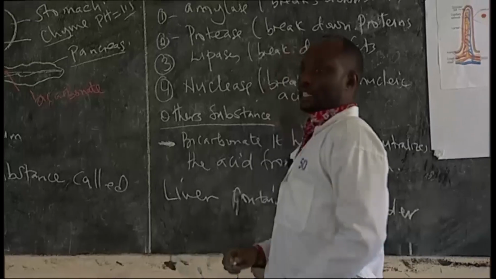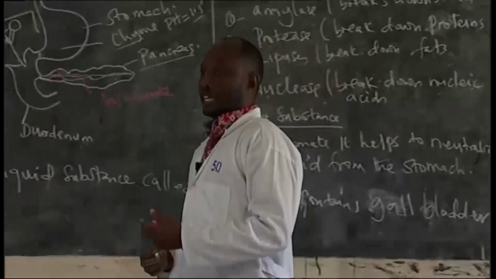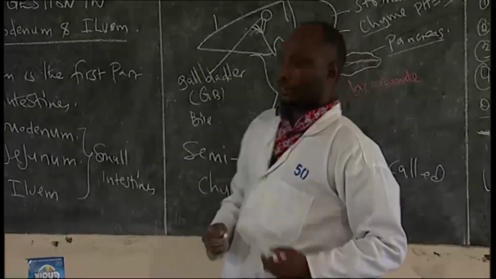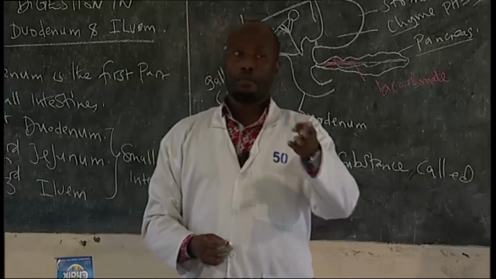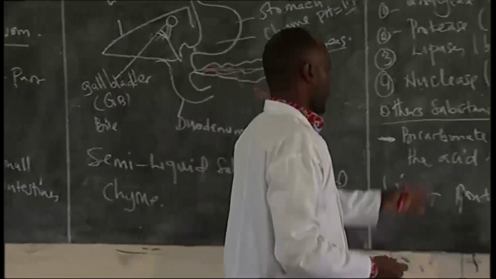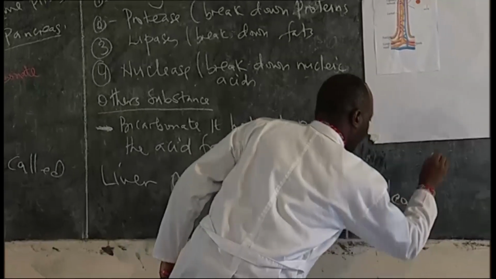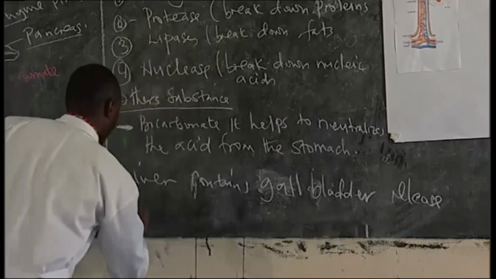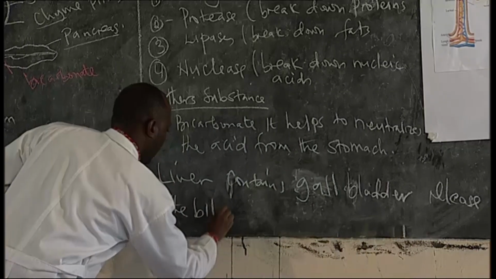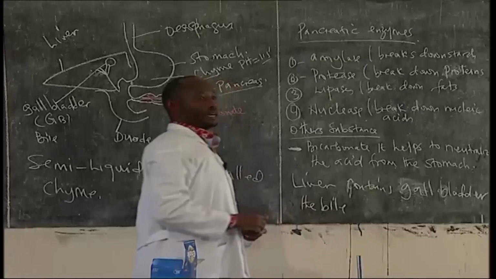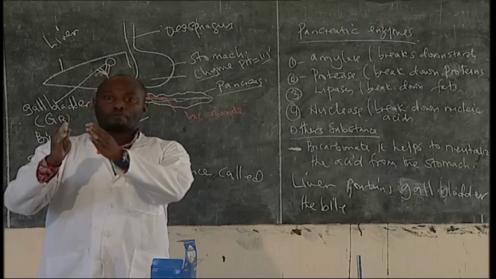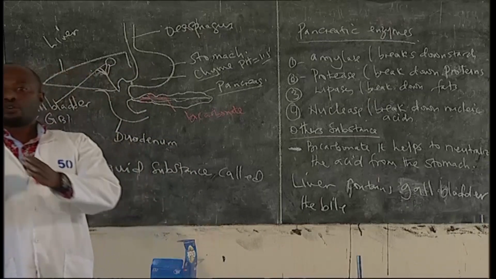The gallbladder is very important to release bile. It releases the bile, bile pigments and even bile salts. One of the functions of bile is emulsification of fats.